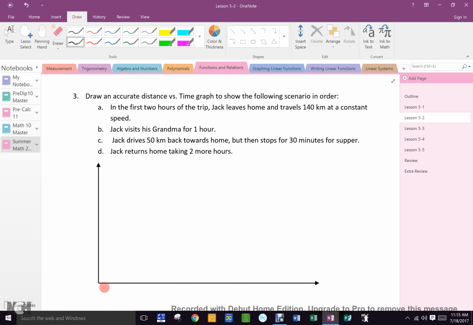Go. Try to draw this graph in pencil. It needn't be perfect. You do not need to get out a ruler. Just sketch this scenario, these 4 things that happen on a graph. And remember, graphs need 4 things.